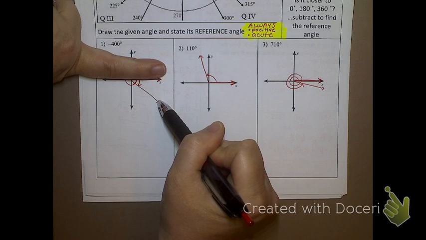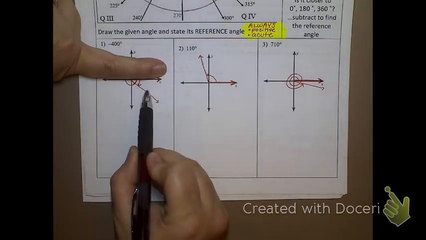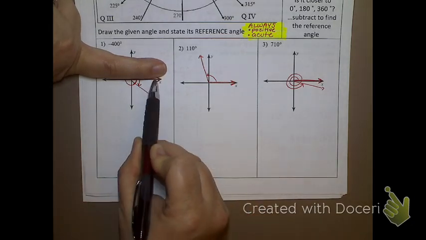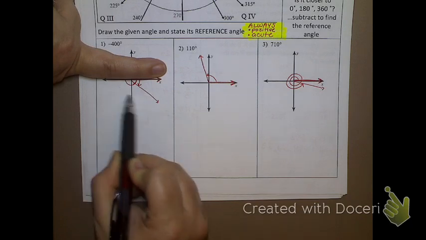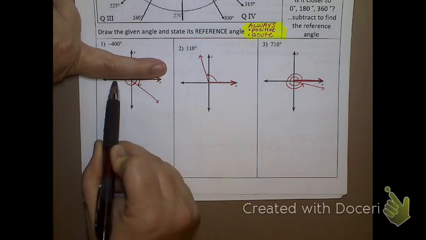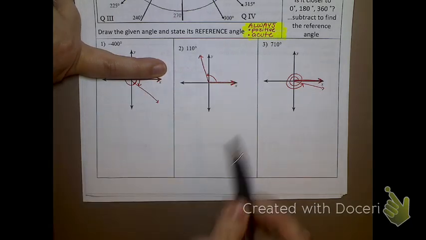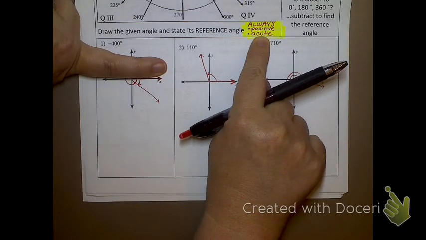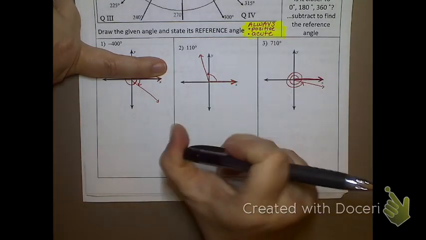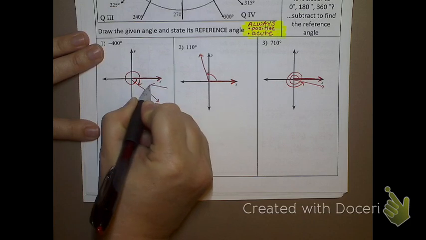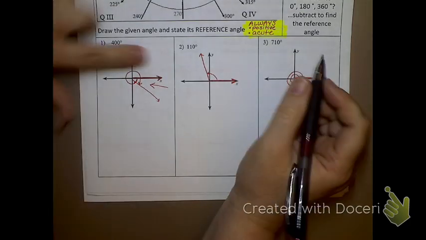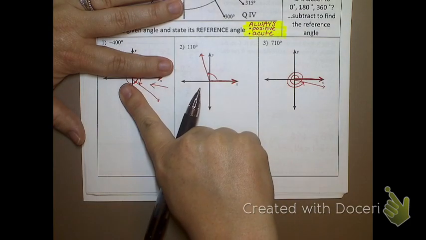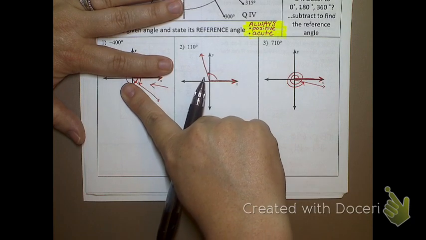There's actually a couple angles formed. There's one angle right here and there's also this angle. Do you see that? The reference angle, since it always has to be acute, is actually that angle right there, the one that is made up of my x-axis and my terminal side.